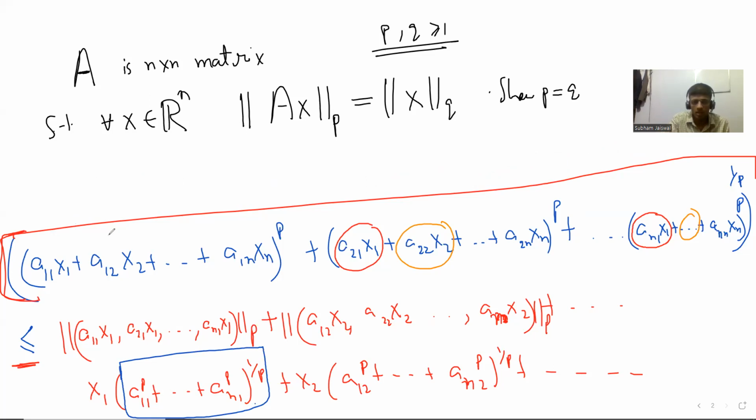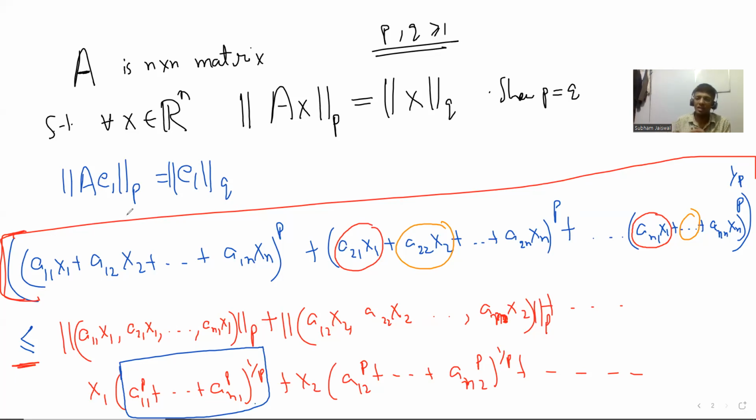So what is this quantity? This quantity is A of e1 and the P norm of that. Look at it. Yes, that is what it is. If you do A of e1, you actually get the first column.